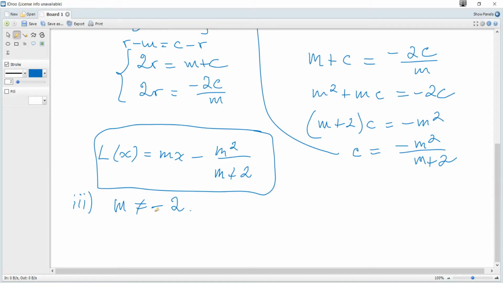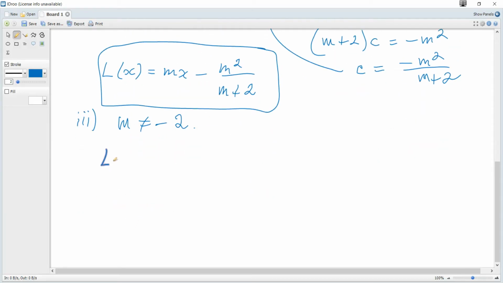Next, there are only 3 integer sets of values of m, r, and c that form an AS linear function. One of these is L of x is negative x minus 1, and m, r, c are integers.